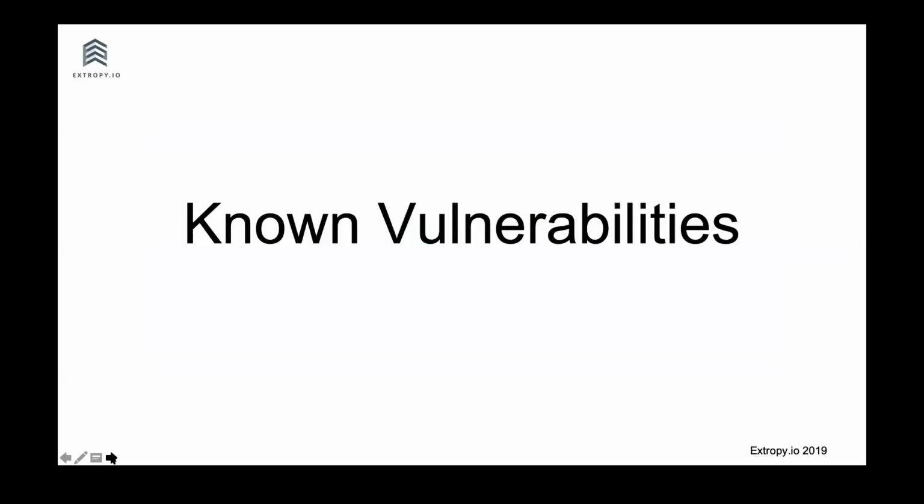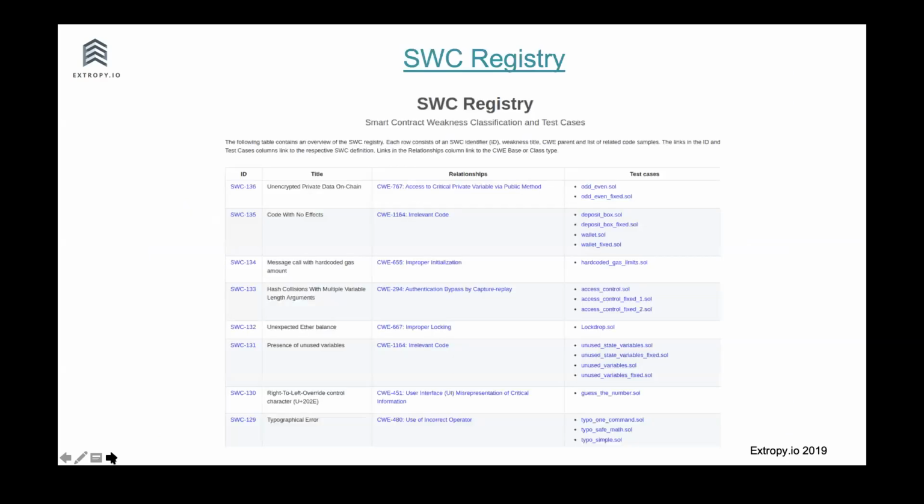So given this is what you're aiming for, let's look at where things have gone wrong and where we've had known vulnerabilities. There is a great registry kept that lists known vulnerabilities in Solidity, and it keeps old vulnerabilities as well, but the most recent ones found are at the top.